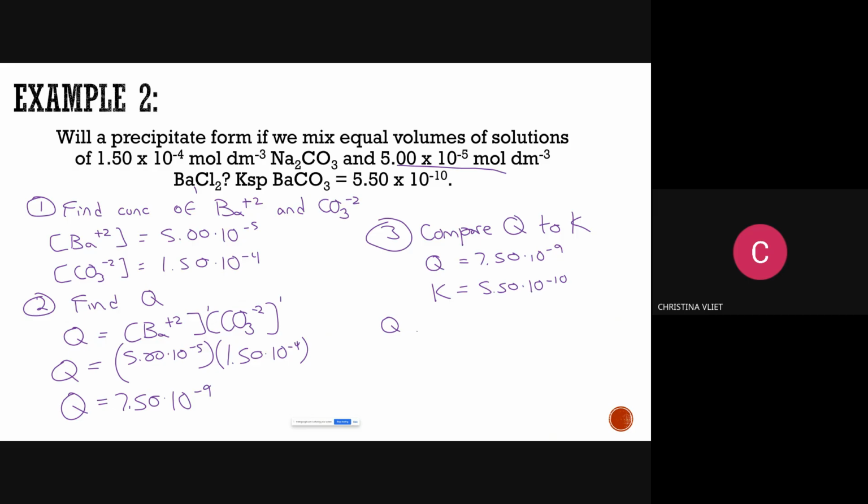Q is more than K. We have exceeded the saturation, or the solubility, however you want to say it. It's the same thing. We've exceeded the solubility, which means what? This means there will be precipitation.